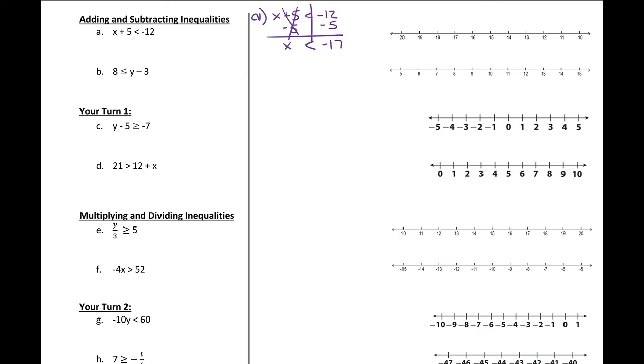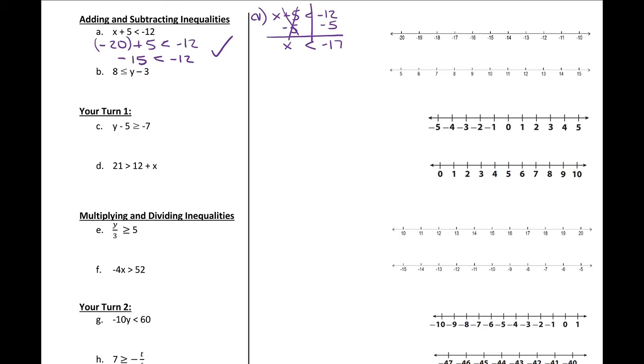So let's pick a number that's less than negative 17. I see over here on the number line that negative 20 is further to the left than negative 17. So if I put in a negative 20 for x, and I evaluate, I get a value of negative 15 is less than negative 12. So the solution that we have here, x is less than negative 17, works.